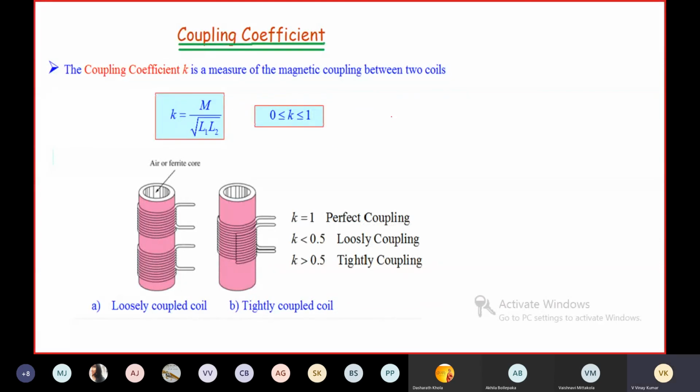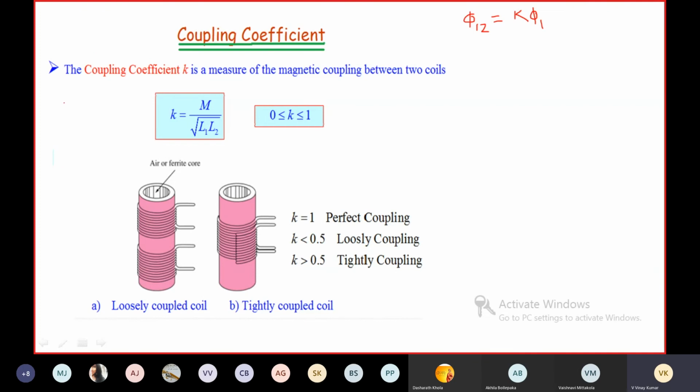Coming to the question of coupling. Here, let me write like this: φ12 is equal to K into φ1.